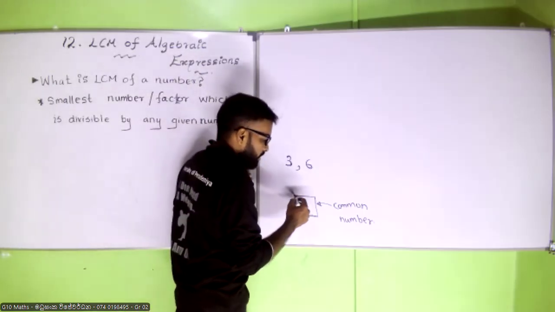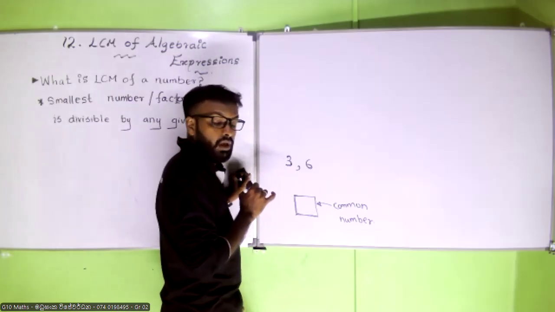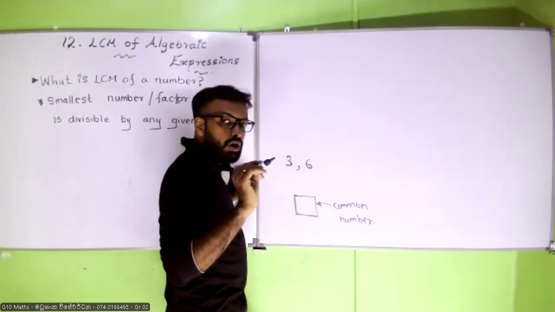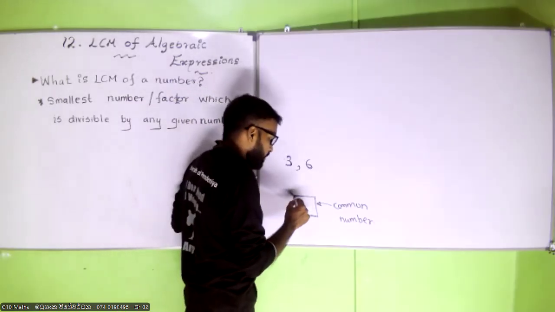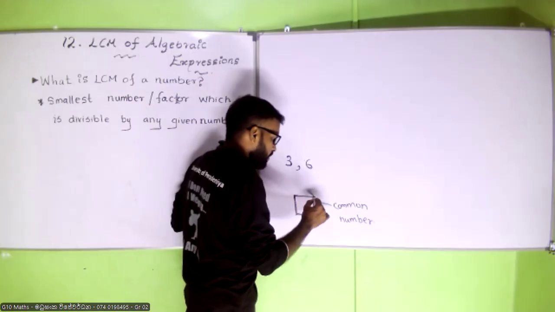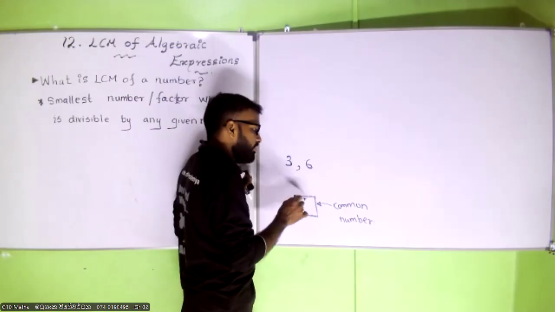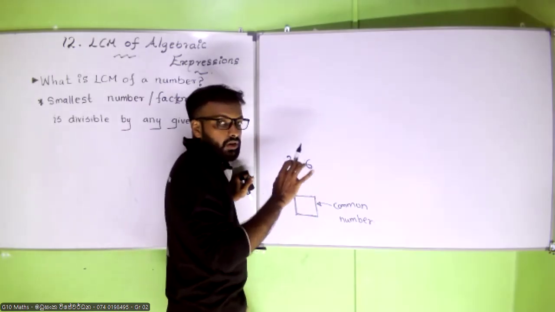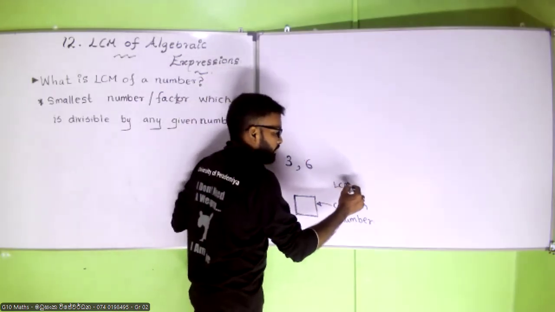But this number should be the smallest number that you can take as a common divisible number by 3 and 6 at once. Least term, smallest term, so that it becomes the LCM, least common multiple.